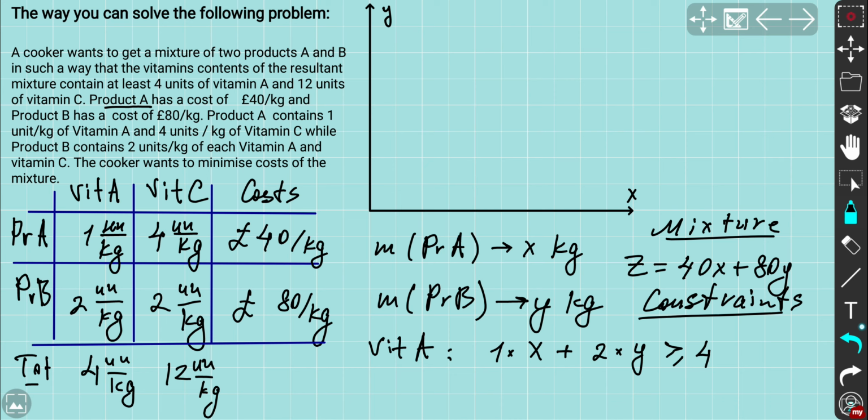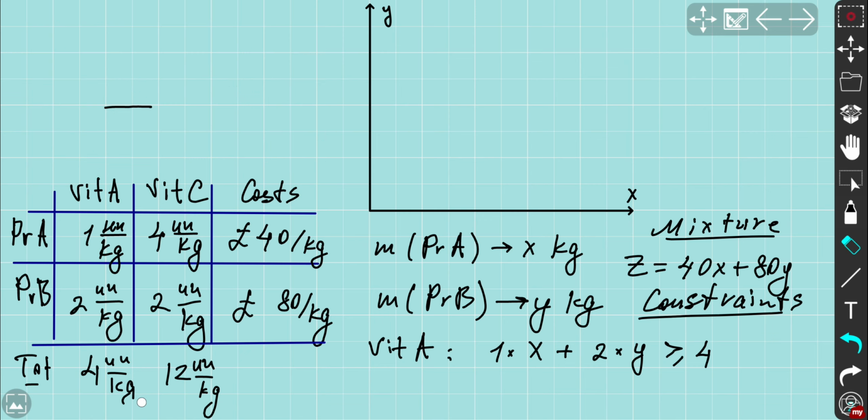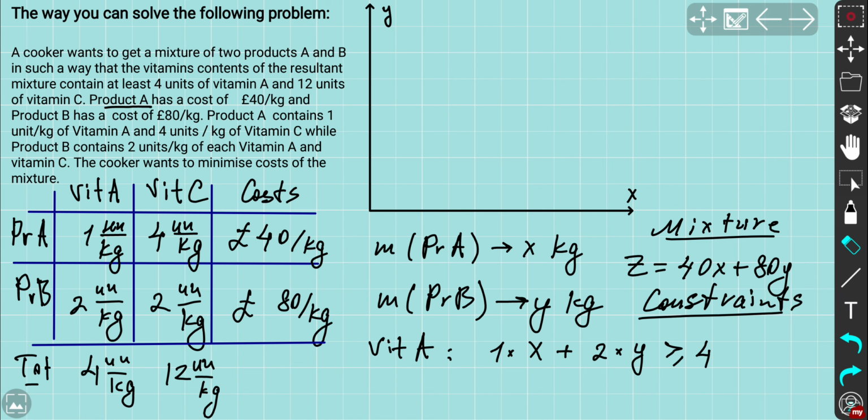That's not per kg actually, so I just erased that because it's redundant. So I'm going to reset it up. It's not going to be kg, it's going to be 4 units. In total, we are going to have 4 units, according to the conditions, so at least 4 units of vitamin A.